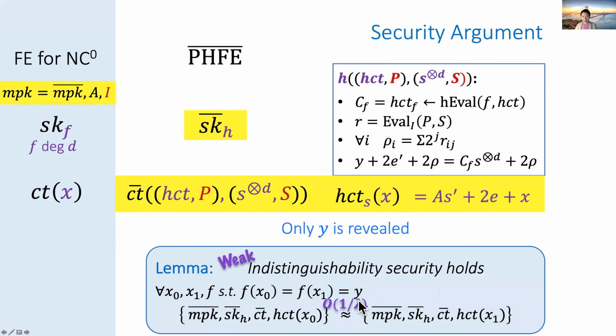Unfortunately, we won't be able to actually prove full-fledged indistinguishability security, but rather a weak version, in the sense that the distributions are not negligibly close, but rather they have a small distinguishing advantage upper bounded by order 1 over lambda.